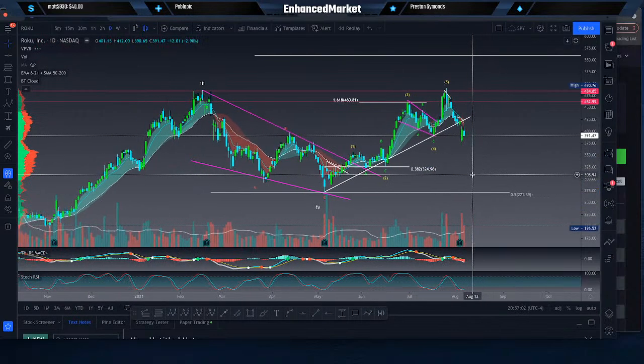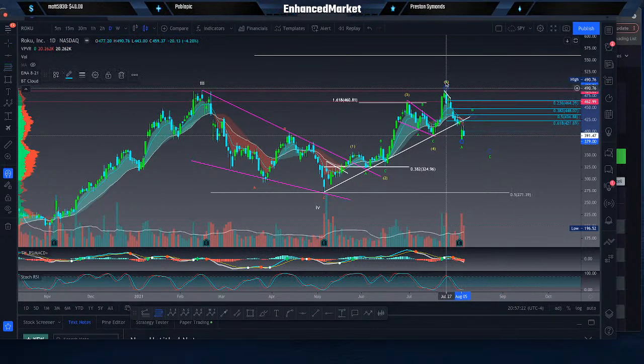So honestly, I'm going to hold back on Roku, right? We broke below this trend line. So odds are we move to the upside, test this, and come back down. And we can potentially see, right, this is an A, B right here, and then a C back down below.